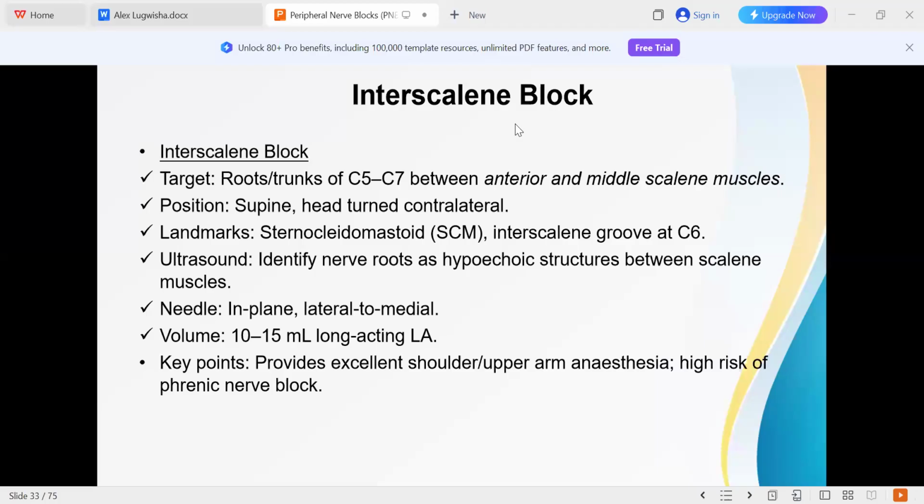Musculocutaneous nerve comes from the lateral cord. Median nerve comes from a combination of the lateral and medial cords. The radial nerve comes from the posterior cord, and the ulnar nerve comes from the medial cord. Good try. Okay, so let's look at the individual block.